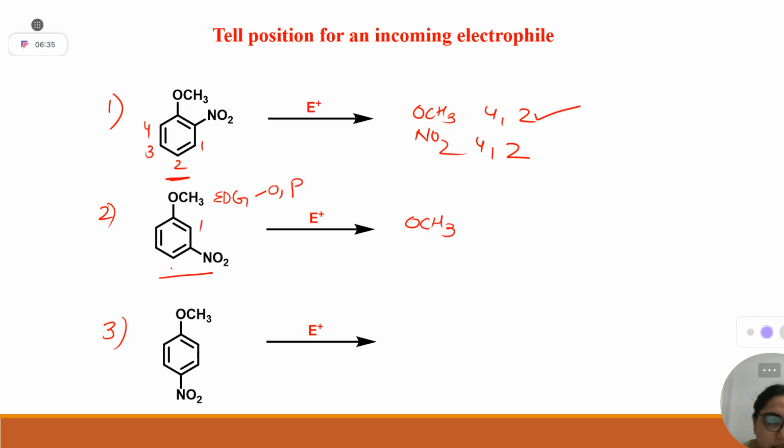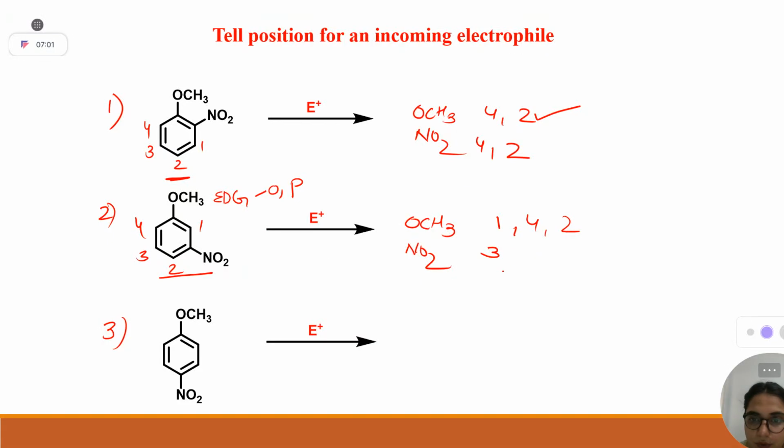Let me number one, two, three, four. If ortho para, then one, four, two. And if we listen to the nitro group, where can the electrophile come? Three and only three, because the OCH3 position is blocked. Due to OCH3, that C3 position meta to nitro is blocked.